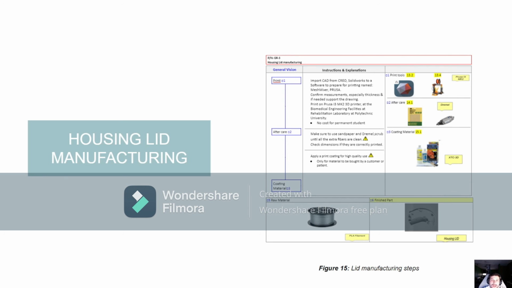We need to import the CAD from Creo to the software Mesh or Prusa. Confirm measurements, especially the thickness of the design. Then print it on the 3D printer of the biomedical facilities at the Polytechnic, which has no cost. Make sure to use sandpaper or a Dremel to scrub all the extra fibers until clean, and apply the coating material for high quality use for the patient.